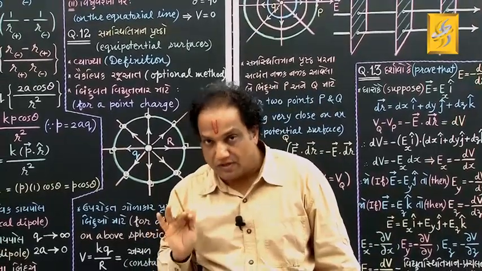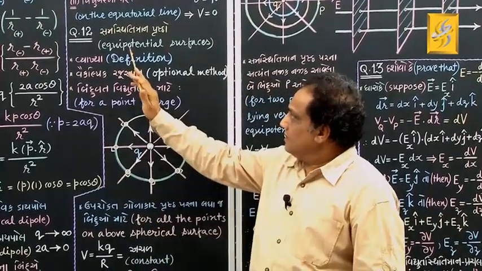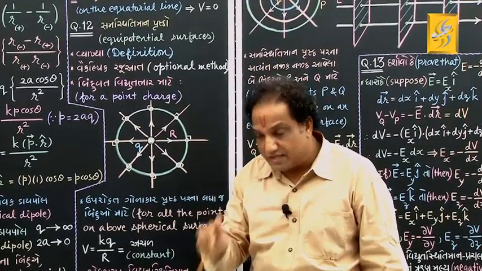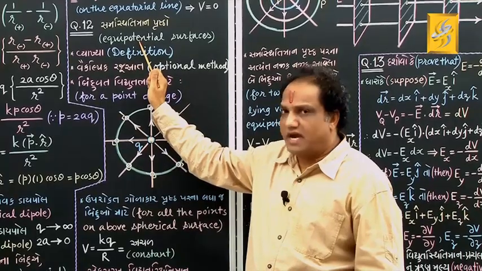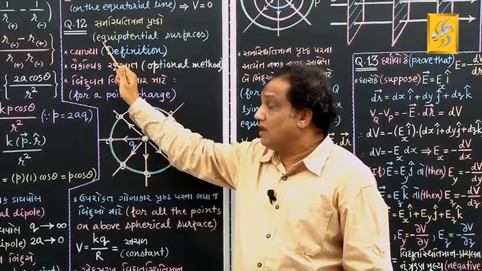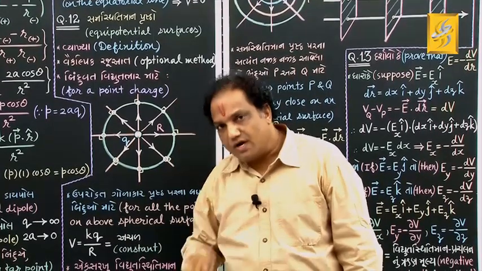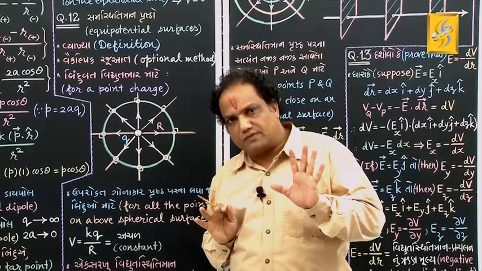Equipotential surfaces. The name itself suggests that it is such a surface on which potential at each point must be equal. That is what is called an equipotential surface. How would you define it? Very simple.